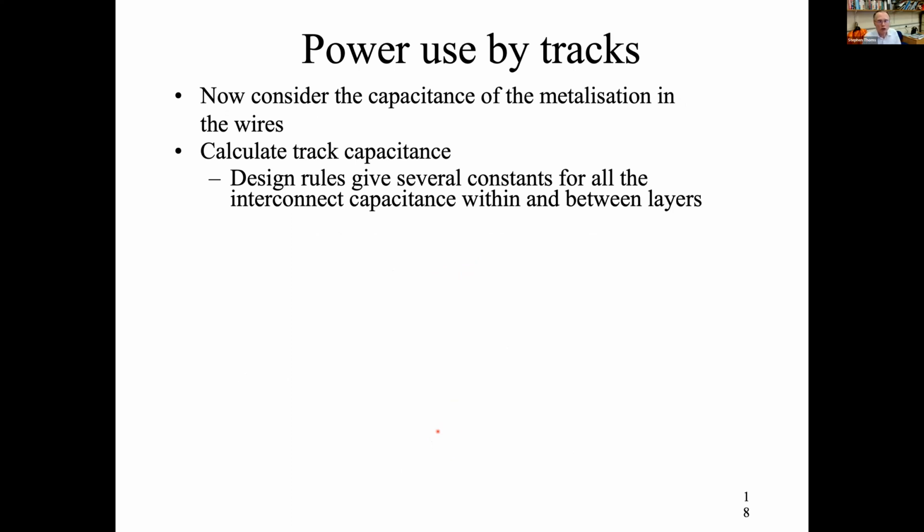But you've also got a capacitance for the tracks. So you've got your wires, and there are various design rules which constrain what you can do, and they give you information about the interconnect capacitance between different layers.